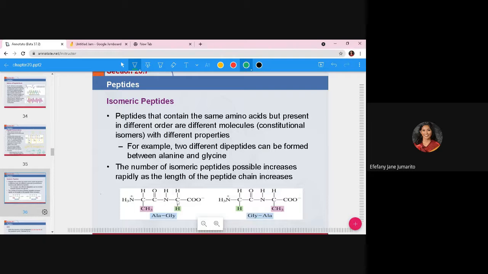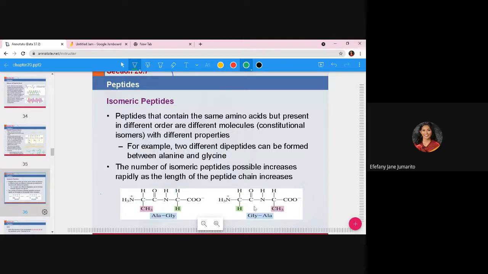However, they have the same number of carbon, the same number of oxygen, the same number of hydrogen. What's different is the sequence: here alanine comes first and then glycine second, while here glycine comes first and then alanine second.